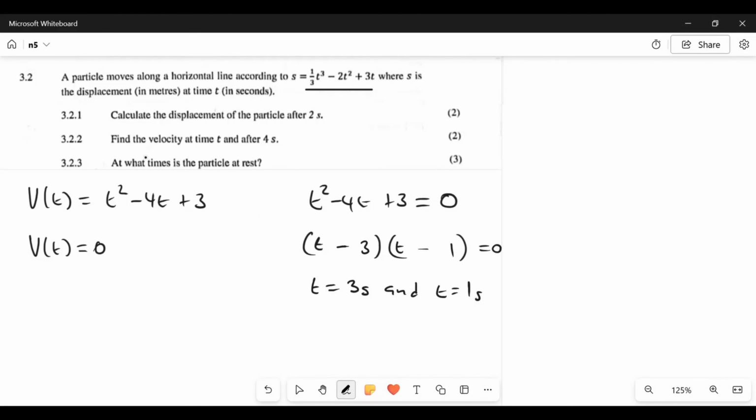Remember, they said you must find at what times. Remember, times, not time. It's possible for us to have more than one set of times here. So it's 3 seconds and 1 second. So these are your times at which your object was at rest or was not moving at all.